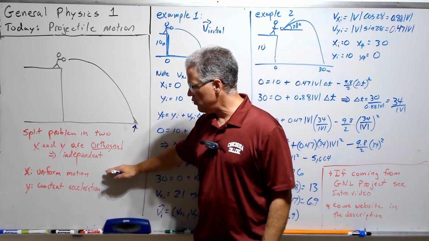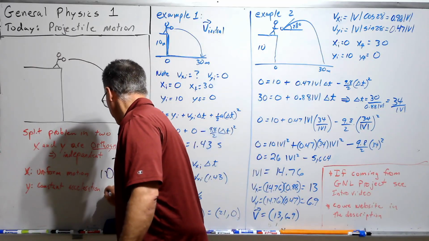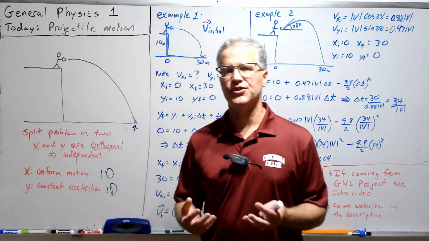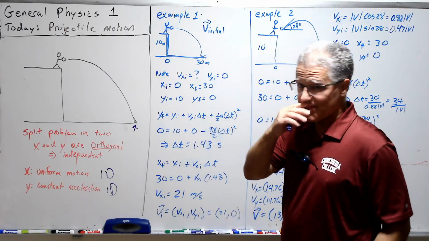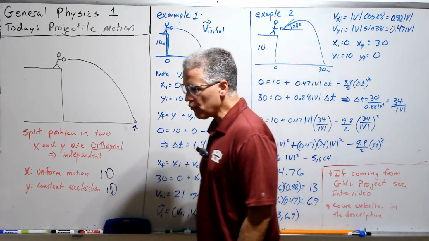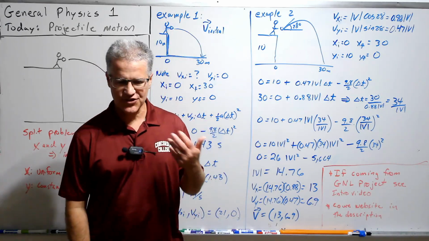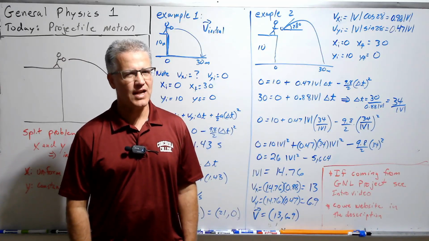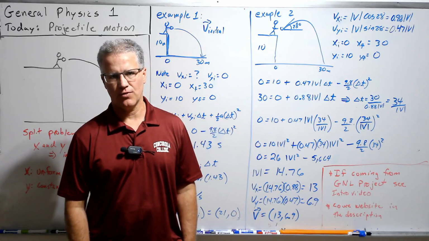So we have two 1D problems now. Both of these are 1D. We've effectively reduced this 2D problem into 1D problems. We just have to do two of them. Sometimes they couple together and we have to use both equations simultaneously. And if you're stuck and it seems like a really hard problem, quite likely it will be a two equations, two unknowns problem.